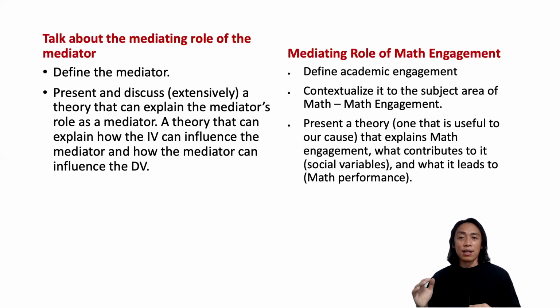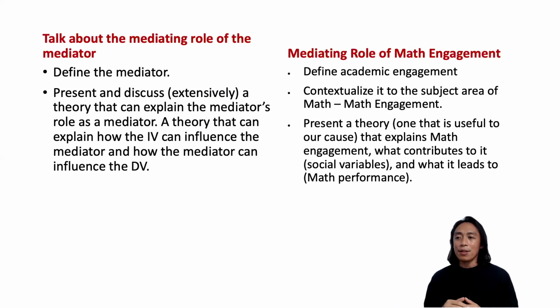within this particular section. Theories are used to explain the relationships among variables. And because what you're trying to explain is a mediation relationship, a mediation model, therefore we use a theory to explain that particular model. And it's here where you present that theory and you use that theory in explaining the pathways of the model.